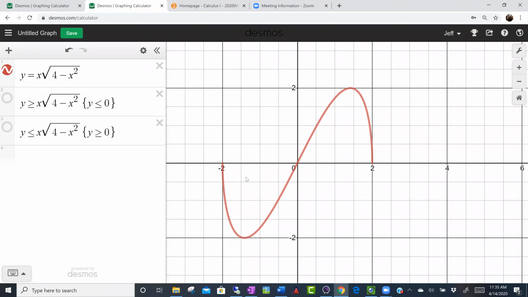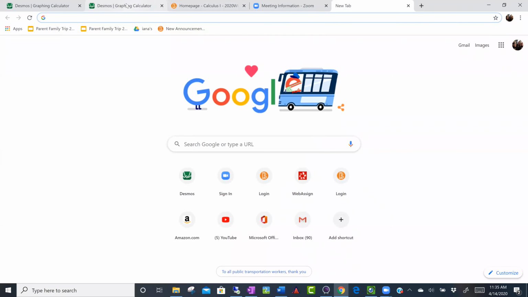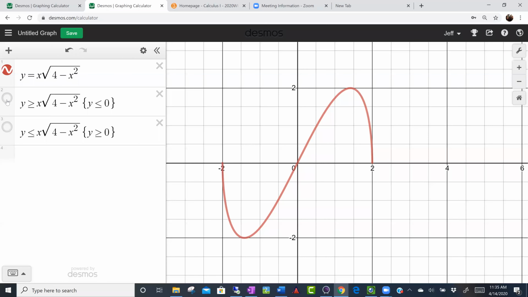So what happens with these odd functions over symmetric intervals is that this area down here and the area up here are the same, but when you integrate, this one's going to have a negative sign, this one's going to have a positive sign.